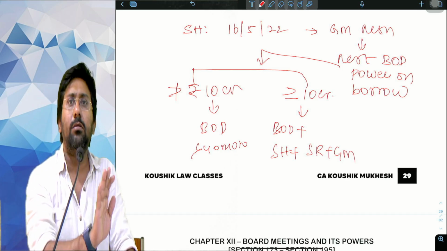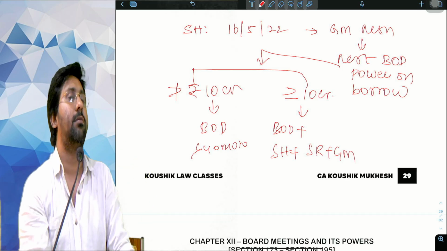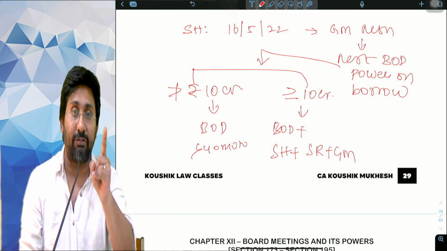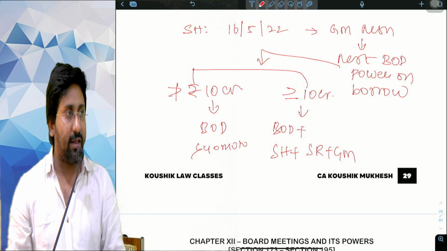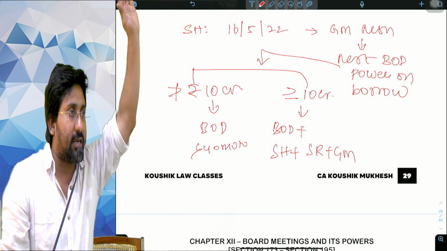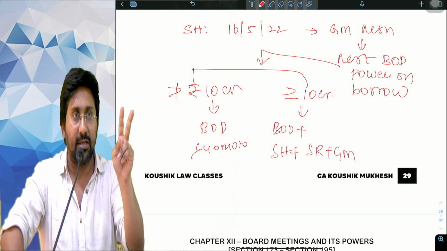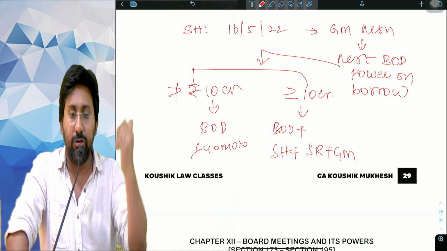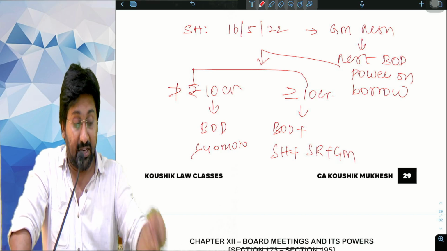Shareholders said that 10 crores you can go, you need not come to us. But after 10 crores you must take the permission of the shareholders. Clear, everyone in the class? If that 10 crore limit is exceeded, you should take the permission of the shareholders. Clear? Now listen and answer.